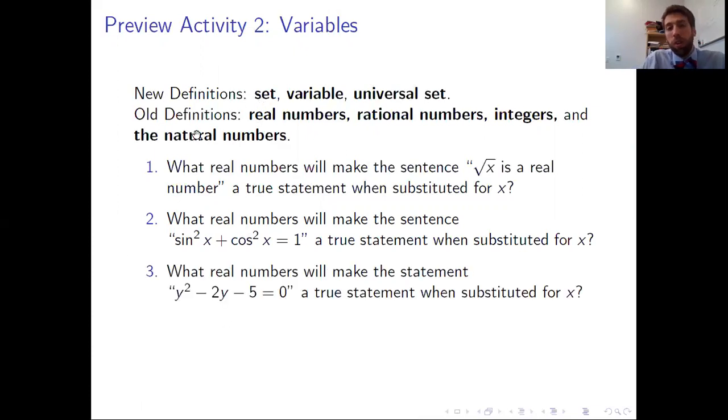Number 3, what real numbers will make the statement y squared minus 2y minus 5 equals 0 a true statement?